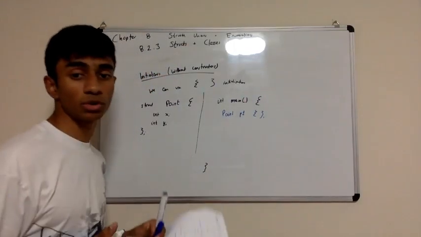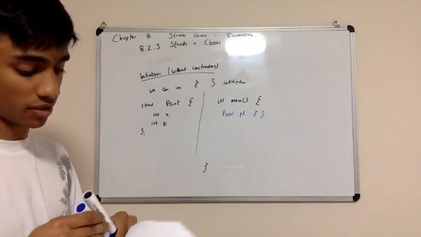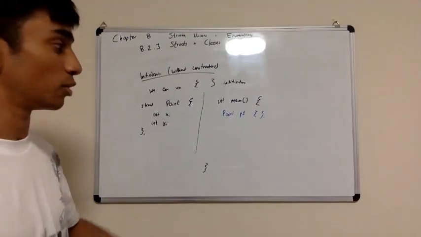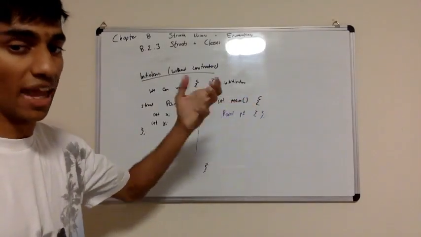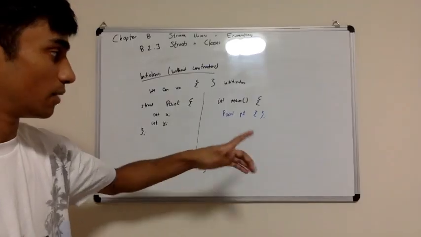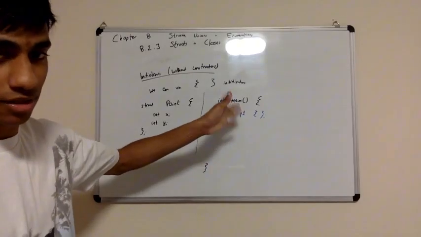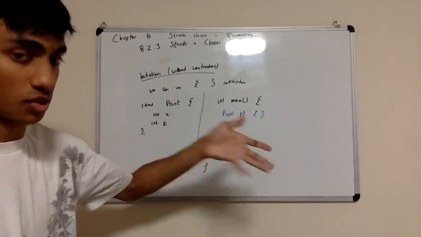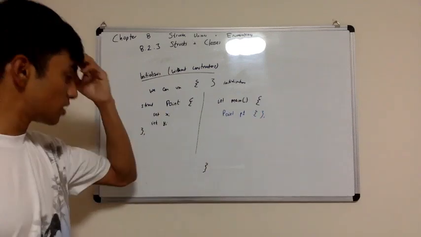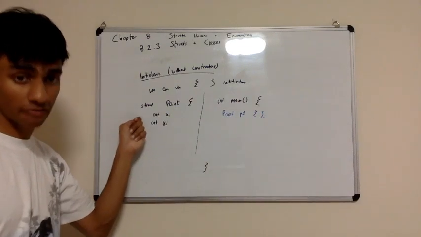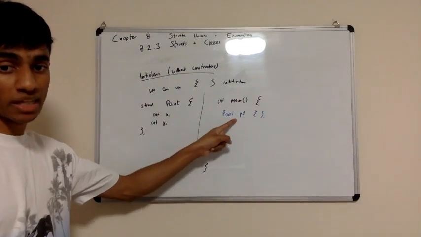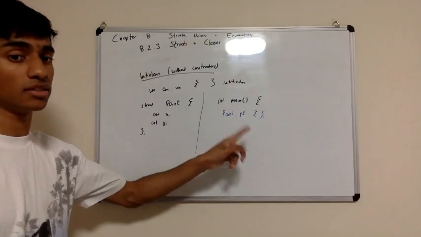From chapter 6, we've talked about how empty braces are used for default initialization. If it was int x empty, x would be set to 0, or double x empty would be 0.0. So assuming all your fields have default values, the fields of p1 will be set to default.